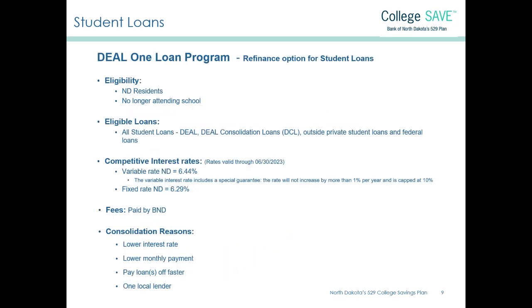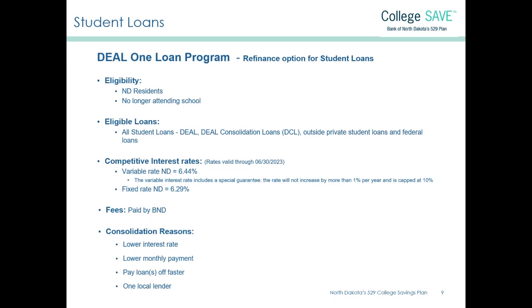Something else that we started several years ago, probably 5-6 years in now, is a loan refinance program. So you can take all of your existing student loans, or if you know somebody that has student loans, private, public, out-of-state loans, and refinance them into a single loan that we service at the Bank of North Dakota on your behalf.